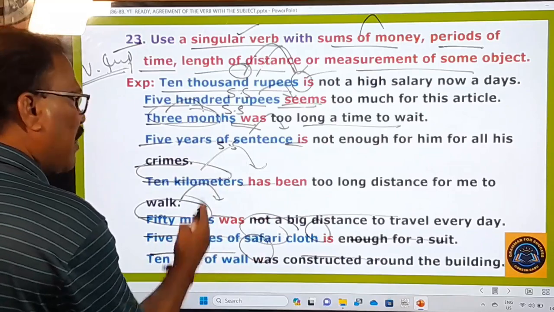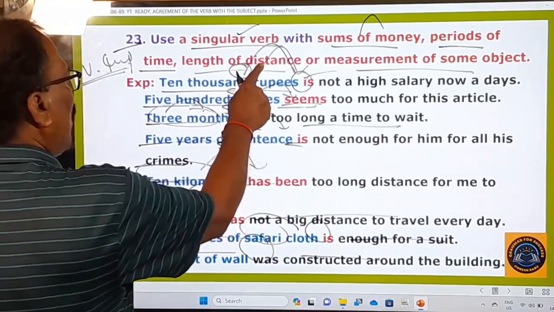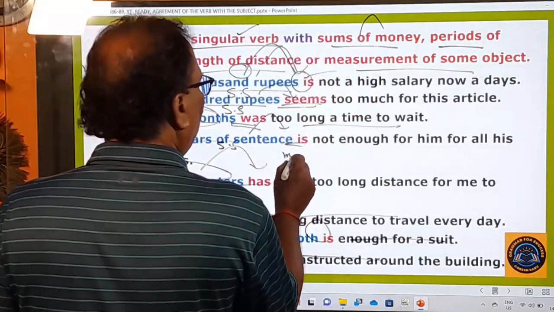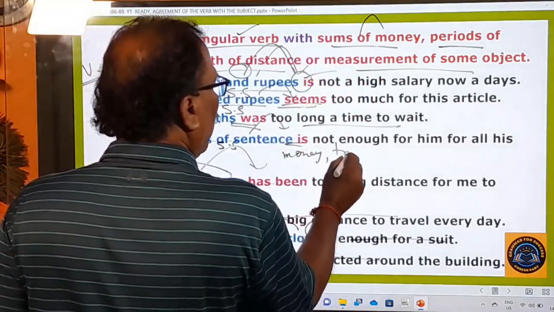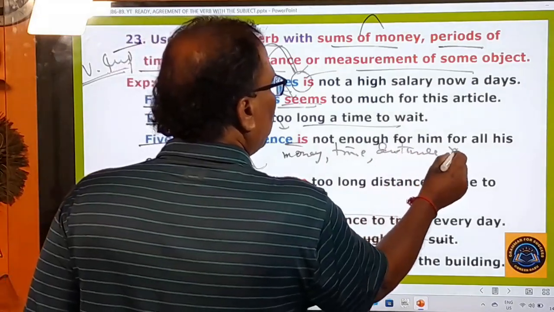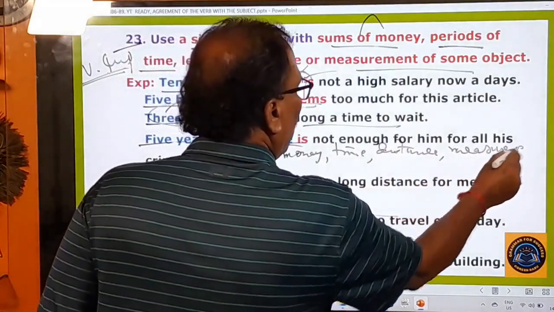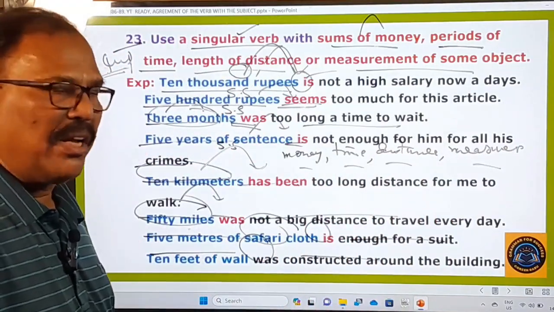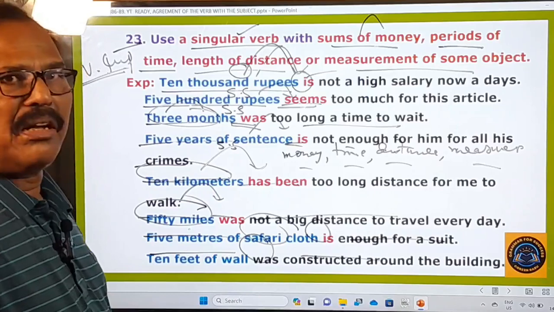You are measuring: measurement, distance, time, money. Remember, in a short way you can remember money, time, distance, measurement. All these things should be used with only a singular verb and not with a plural verb.